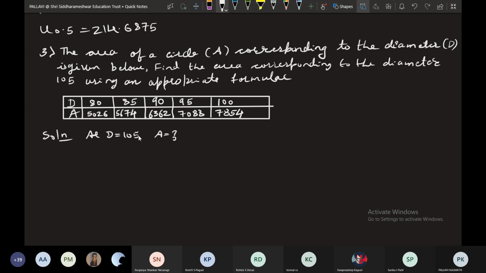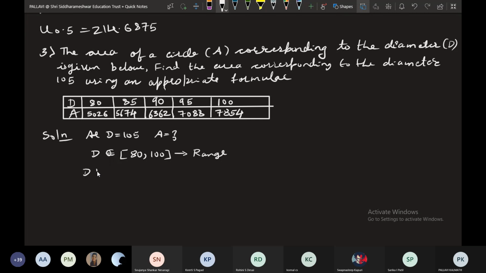So this 105, what is the range given? What is the diameter lying between? 80 to 100. It is lying between this interval. Therefore, what about this 105? Whether it is lying between the range or outside the range? It is outside. Yeah, it is lying outside the range.